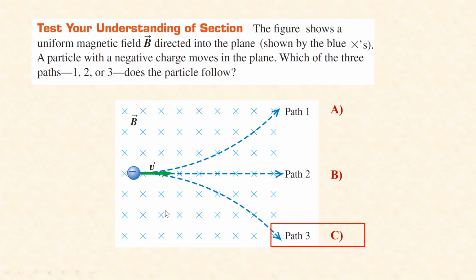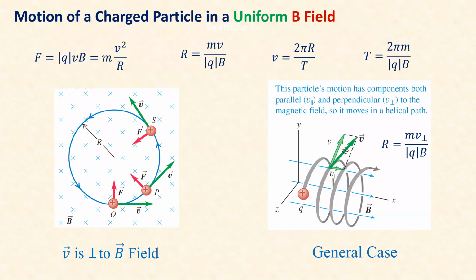So it goes on path 3. And then we said that if you have a particle moving perpendicular to the magnetic field, as you saw, it goes on a circle, and this magnetic force becomes centripetal force, and QVB becomes mv squared over r. You can solve this for r.